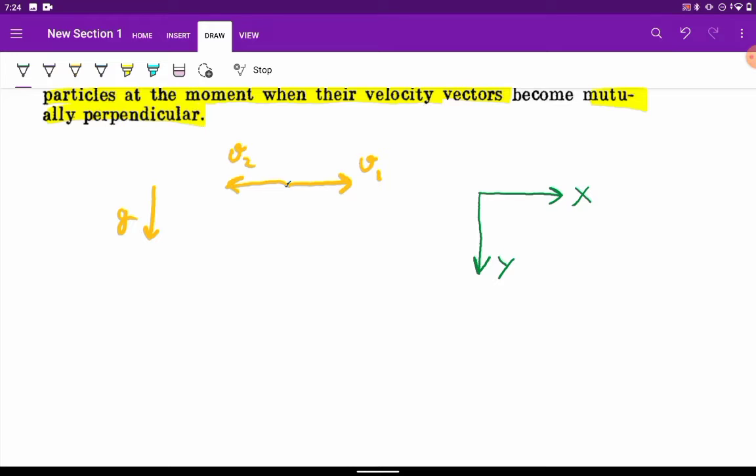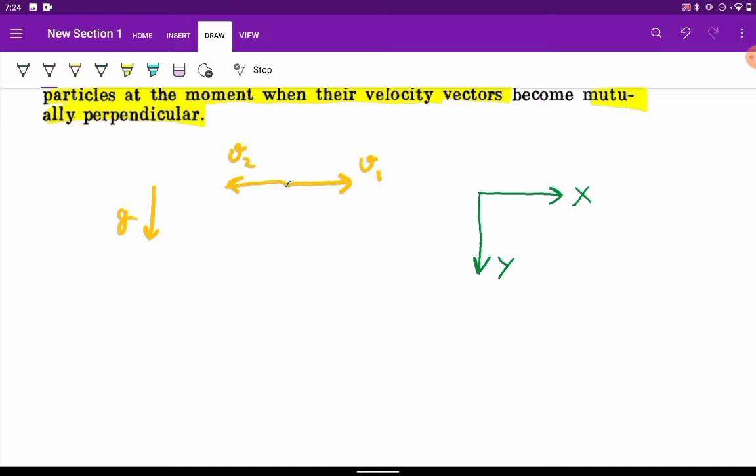So now obviously because of g, because of the gravitation, both the particles will have some sort of parabolic trajectory.